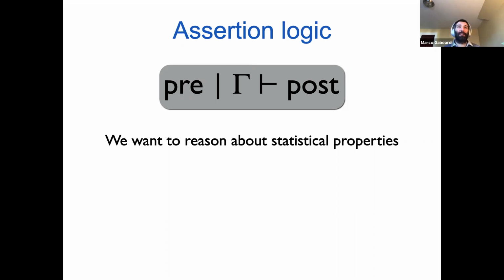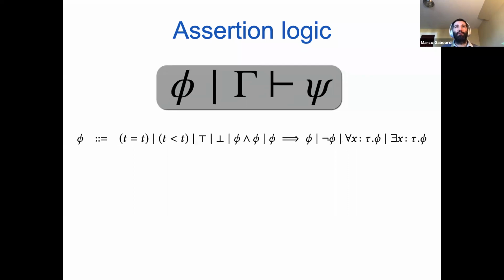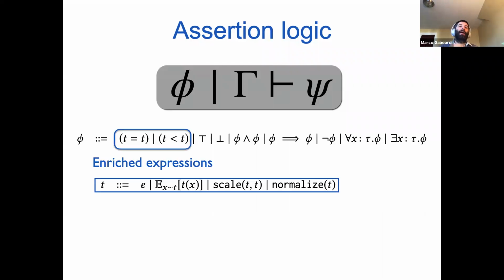But remember that we want to reason about statistical properties like the ones I showed you in the introduction. So what we will have in this assertion logic now are formulas that come from this grammar, which is a kind of standard first order logic over some basic predicates. But the basic predicates are where the power of this assertion logic lies.